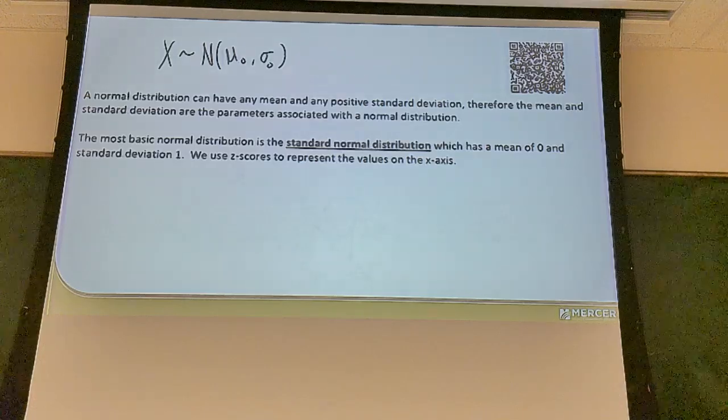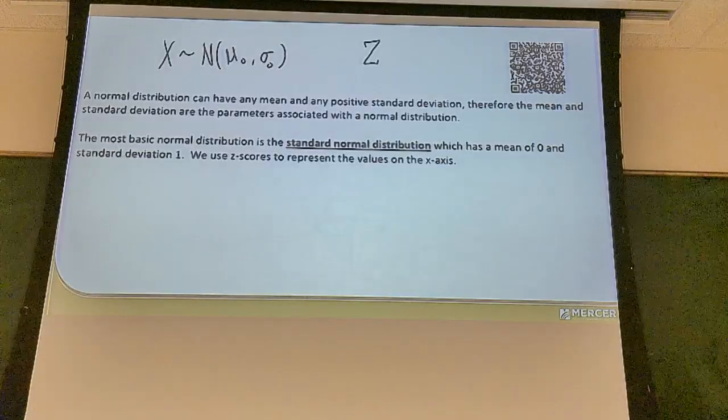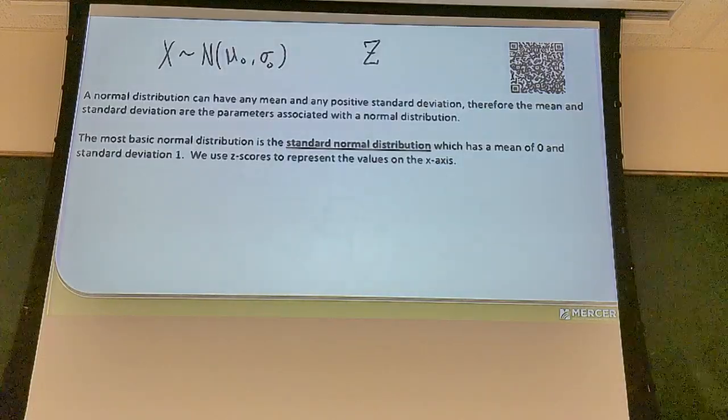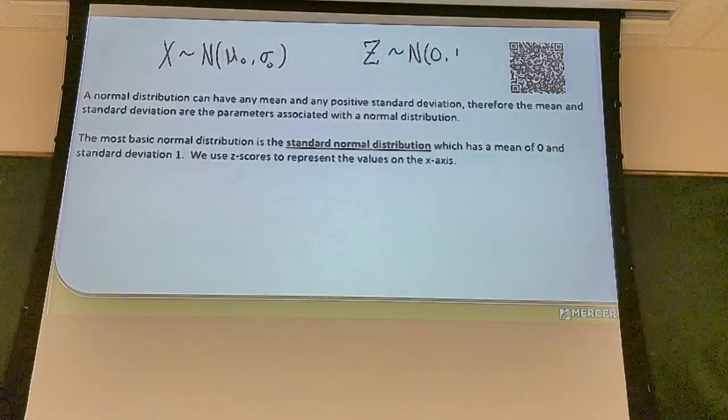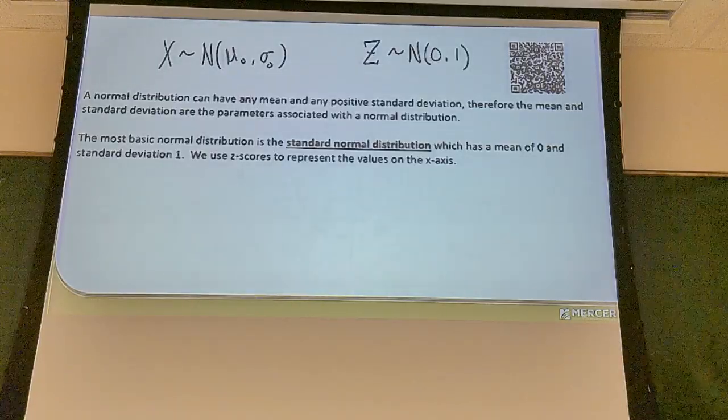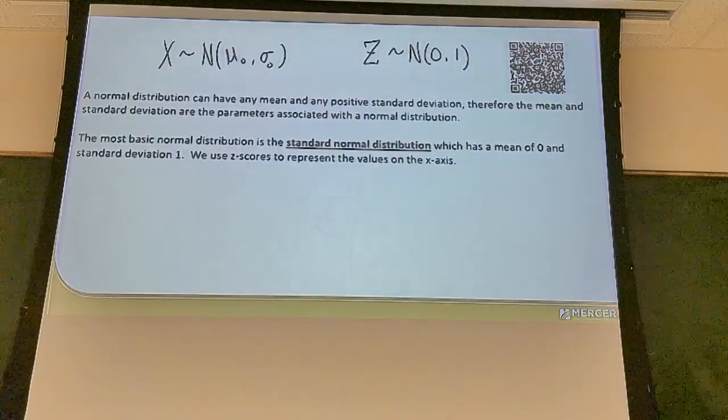Generally speaking, when dealing with the standard normal, the random variable used is a capital letter Z. Remember, that is always going to be a normal distribution of mean 0 and standard deviation of 1.